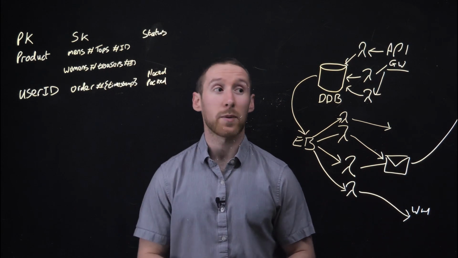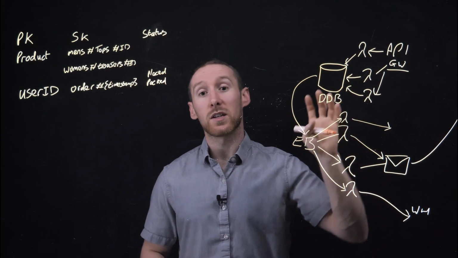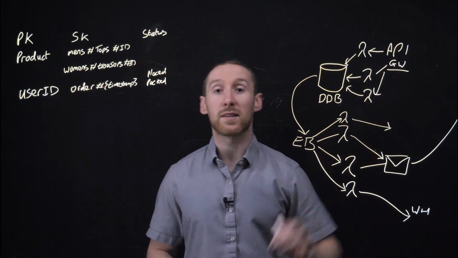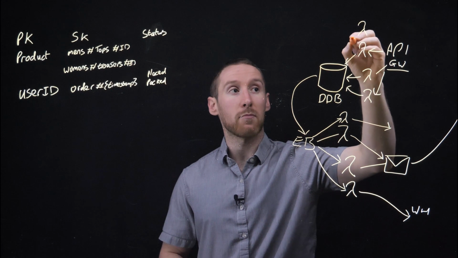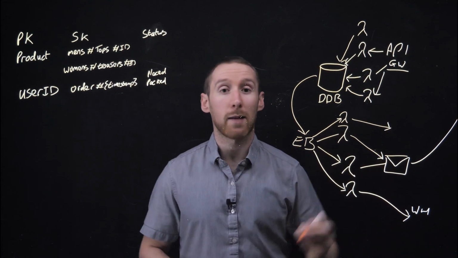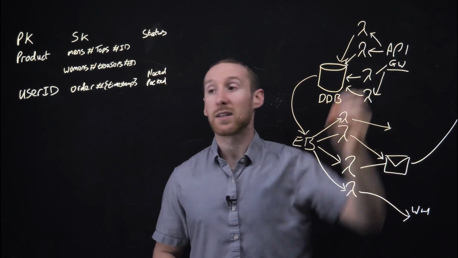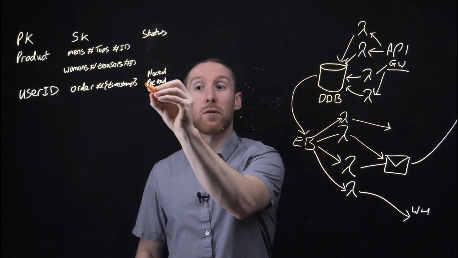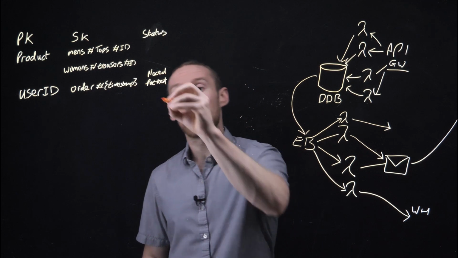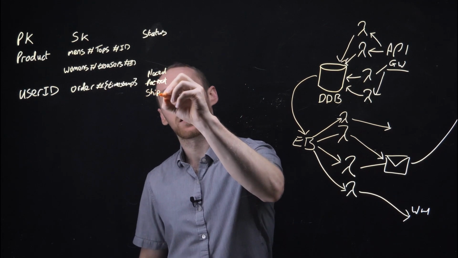The final step in the process is that the shipping company can also hit our API Gateway, which is going to hit another Lambda. And what that Lambda is going to do is update the existing order, change it from being packed to now being shipped.